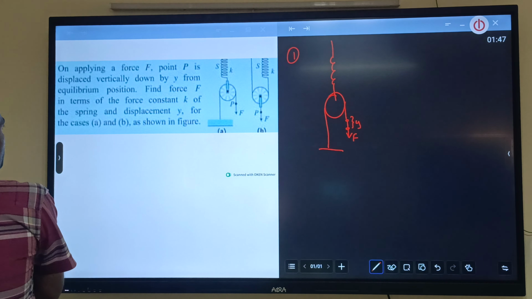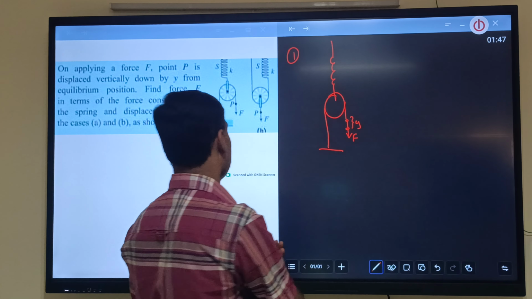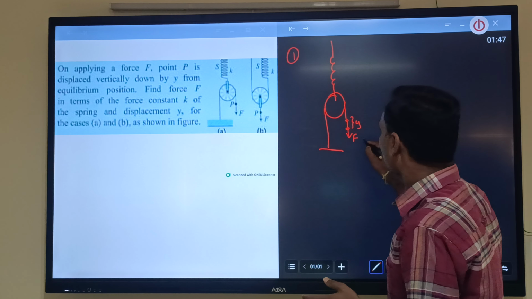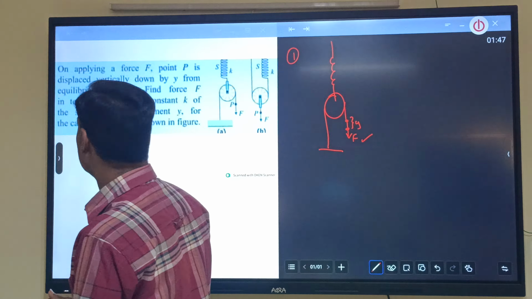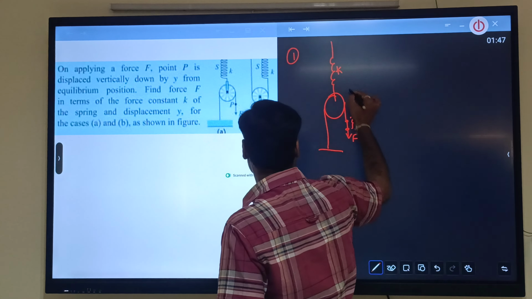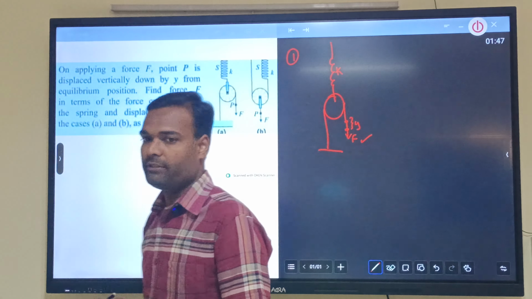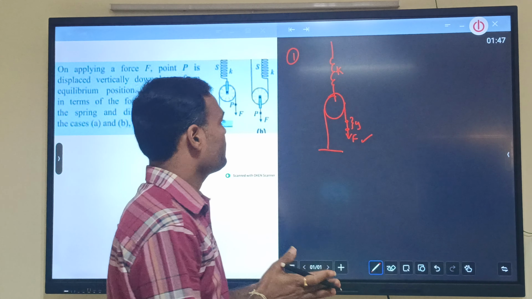That means initially it is at rest, and I apply a certain amount of force and pull it downward, and this point moves down by y. Find force F in terms of the force constant K of the spring and displacement y. How can I do this type of problem?